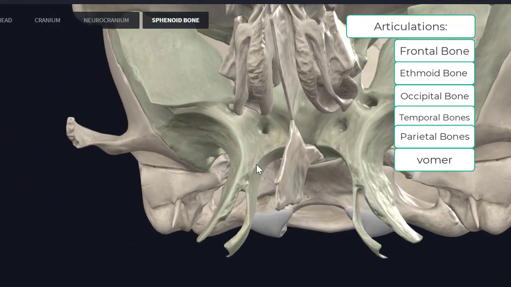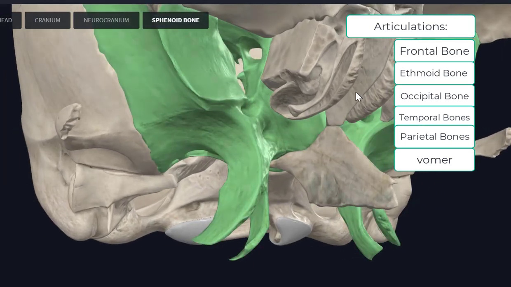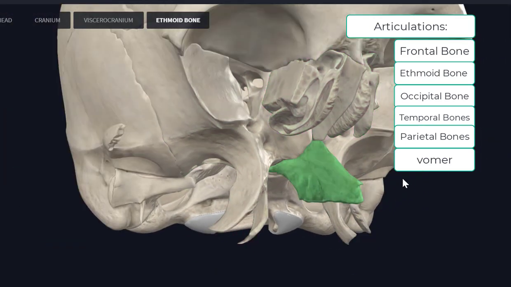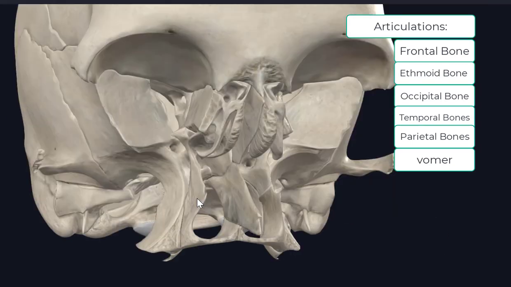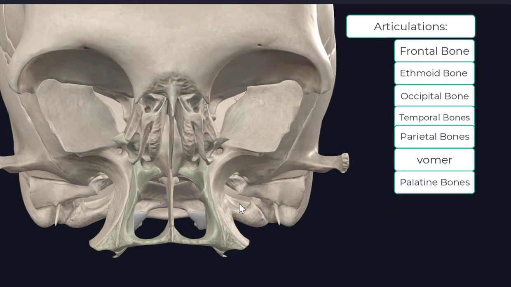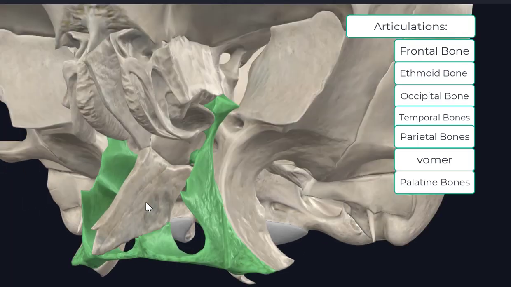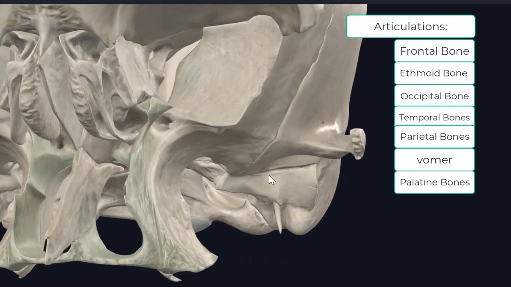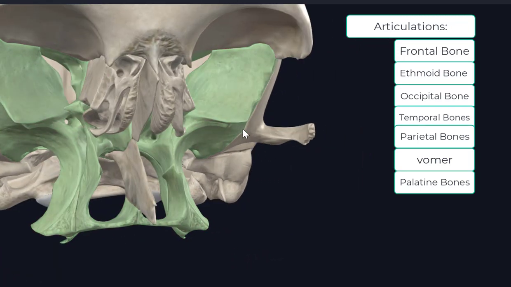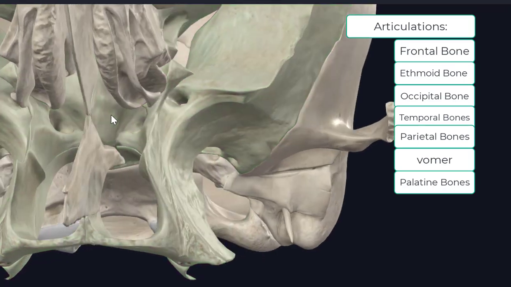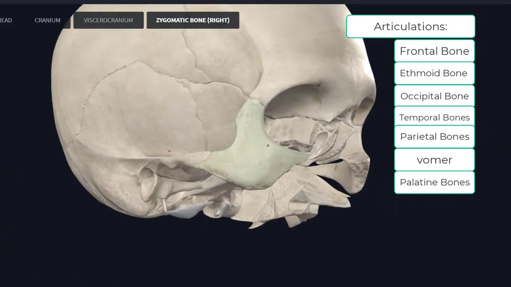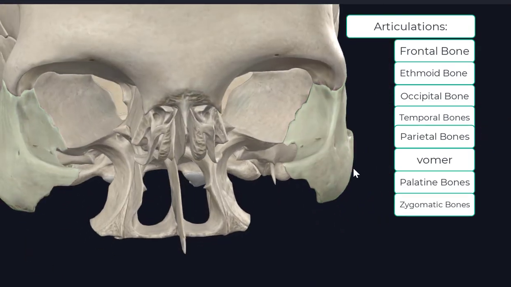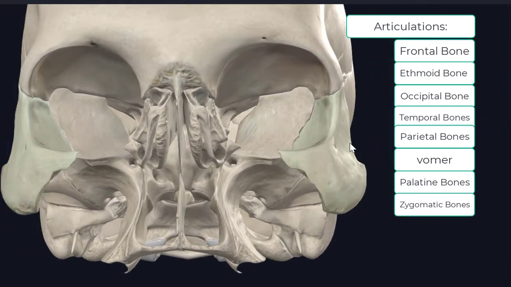this is a sphenoid bone, ethmoid and vomer, to right and left palatine bones, sphenoid bone, and zygomatic bones, aka cheekbones.